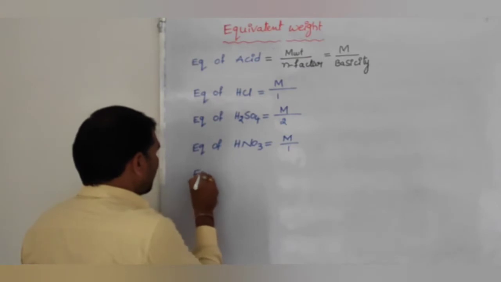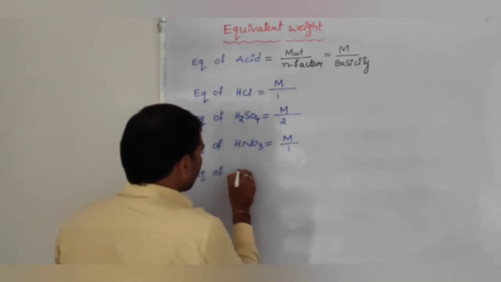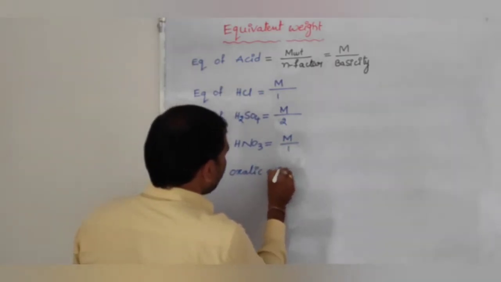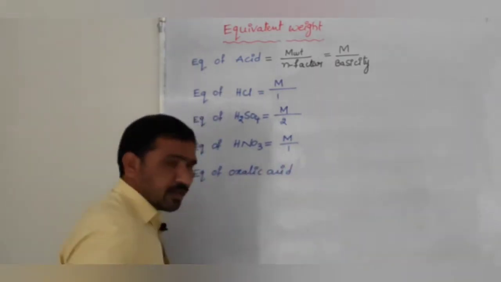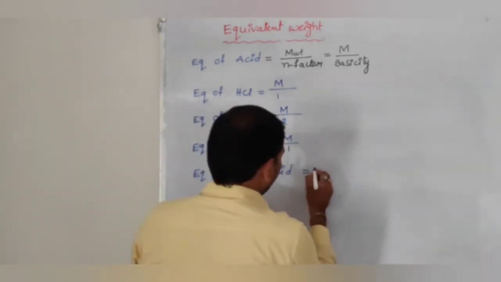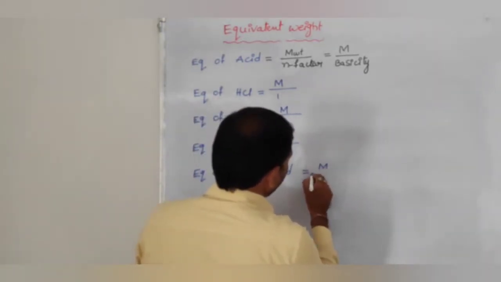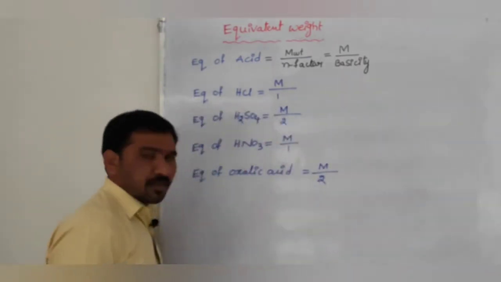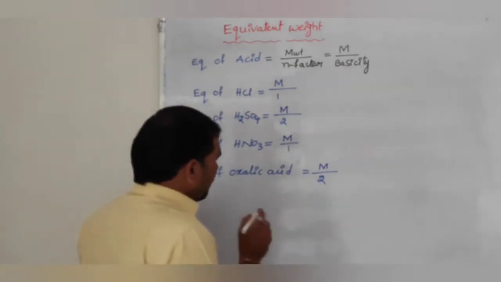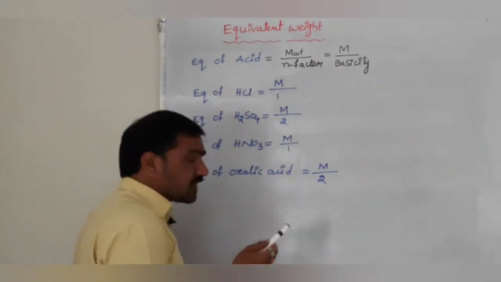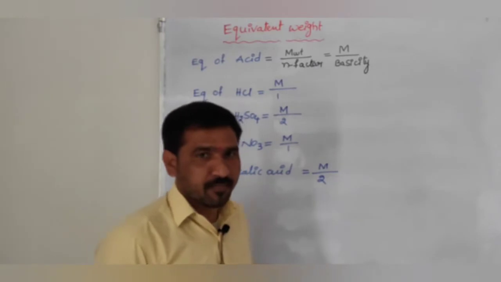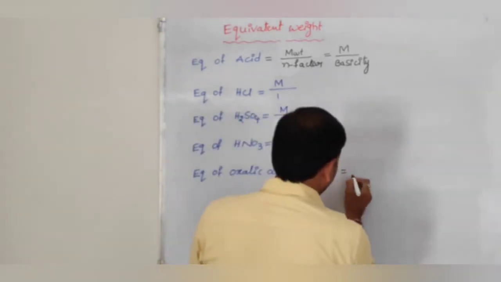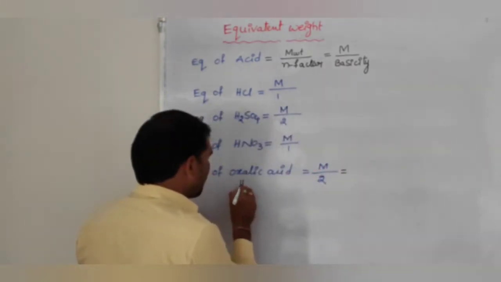Then equivalent weight of oxalic acid, right? That is equal to molecular mass divided by n factor 2 here. Then, important: oxalic acid and crystalline oxalic acid both are there. What is the difference between these two? Let me discuss.